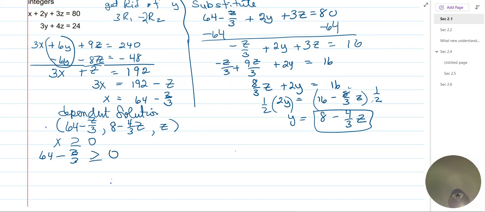Because this is how many solutions. We can't have negative solutions. I'm going to multiply by negative 3. It's less than or equal to.